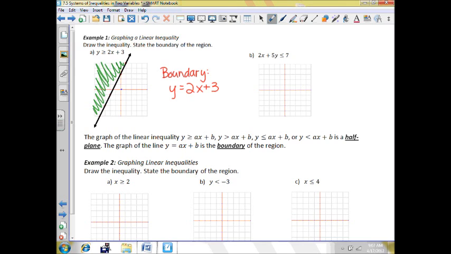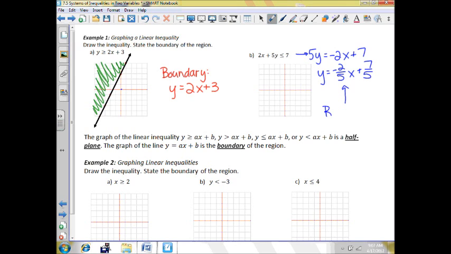Now, for part B, this is in standard form, so let's actually put it in y equals form. So 5y equals negative 2x plus 7. That means y will equal negative 2/5 x plus 7/5.